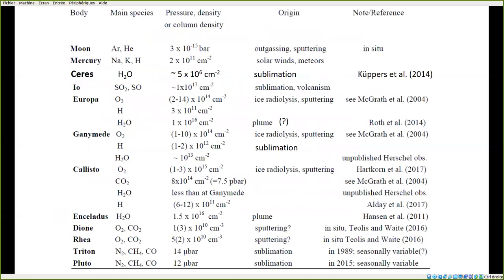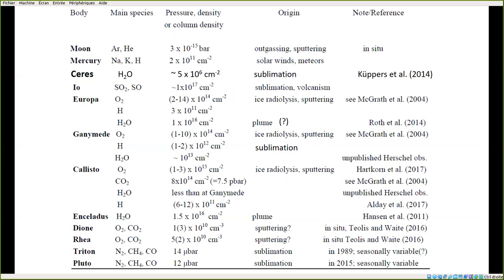Here is a brief overview of all these tenuous atmospheres of the solar system. So I'm showing this table only for reference. I'm not going to go through it in detail, but it gives you a basic overview of the properties of these 12 known tenuous atmospheres.